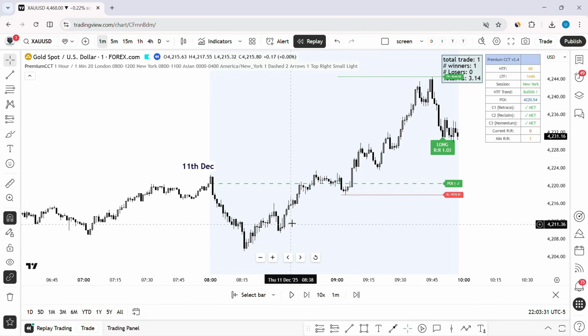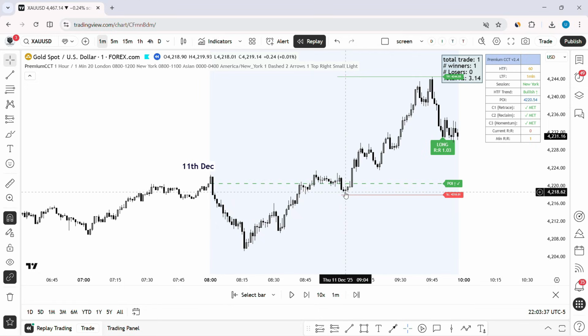On the first trade, the risk to reward was lower. That's why it did not enter. And then on the second as well, when the confirmation happened, it was already above the TP. So it did not enter, but the conditions remained true. So it was waiting for the risk to reward to become positive. As you can see, during this whole time, the risk reward was lower than 1.